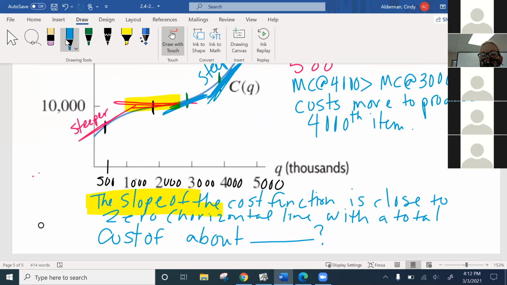So when Q is 2,000, if X was 2,000, what's Y, approximately? 10,000. Yeah, so this lines up with about 2,000, that lines up with about 10,000. We're talking money, dollars.